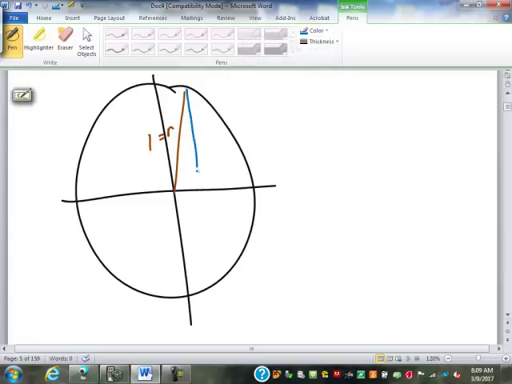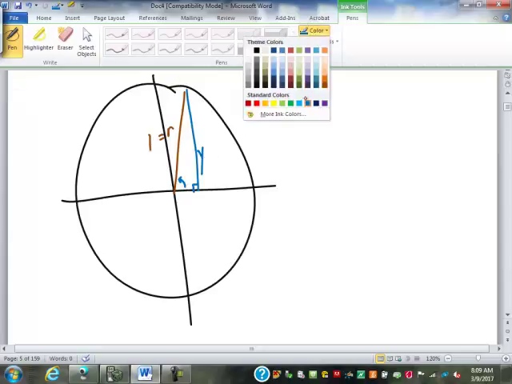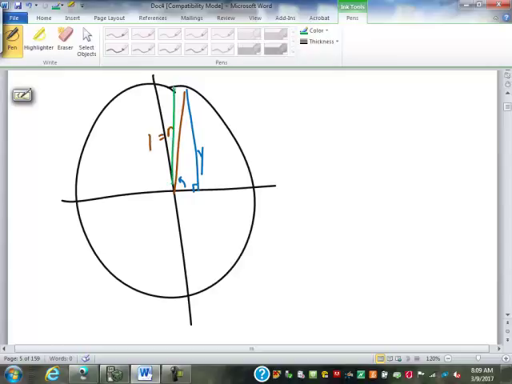This is side y here. y is almost equal to 1. As this angle gets closer to 90 degrees, y, or the sine of the angle, is going to get closer to 1. Because if it moves up even further here, well, y is getting closer to being the radius. So as it gets close to 90 degrees, y and r get close to being equal.